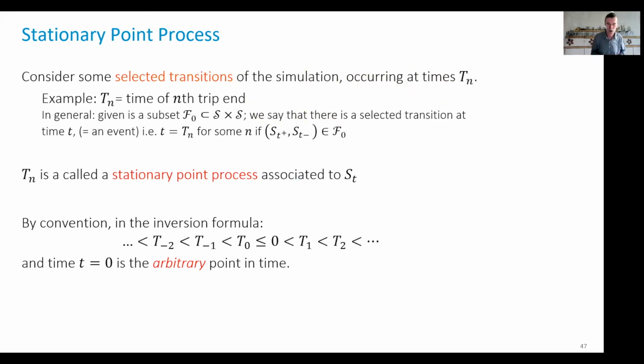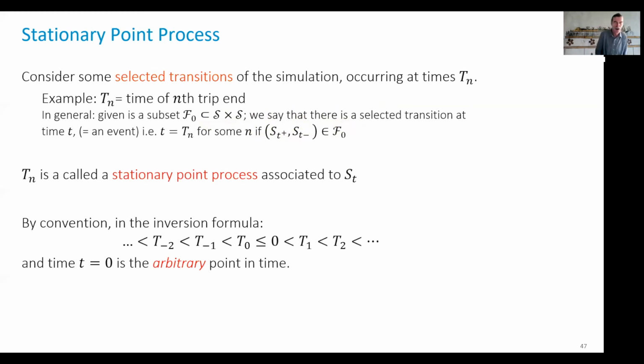Formally, I can define a subset F0 in the cross product of the simulation states, which is well defined, at least if the state space is finite. This subset does not include any points on the diagonal, and it is said to be an event if at some point the state just before t and just after t happens to be exactly in this selected set of pairs of states.